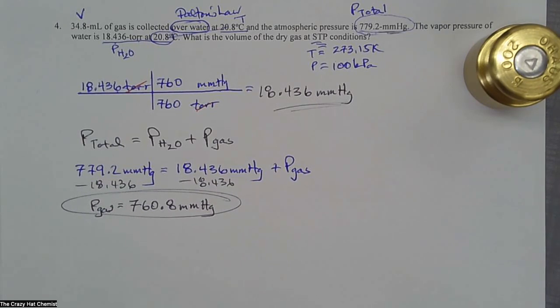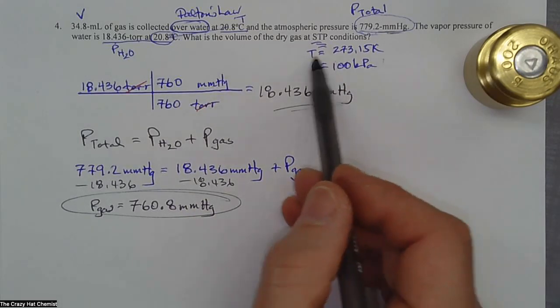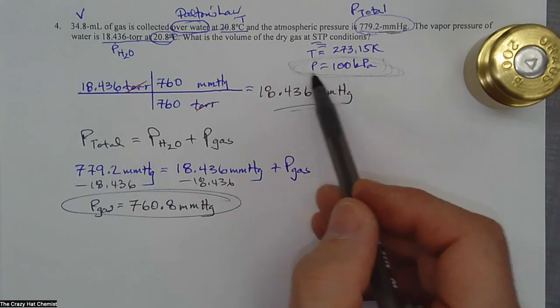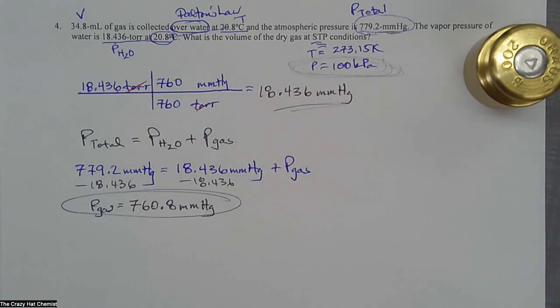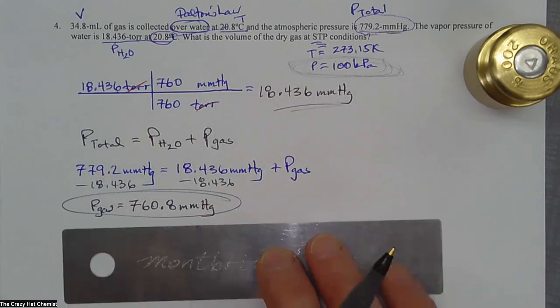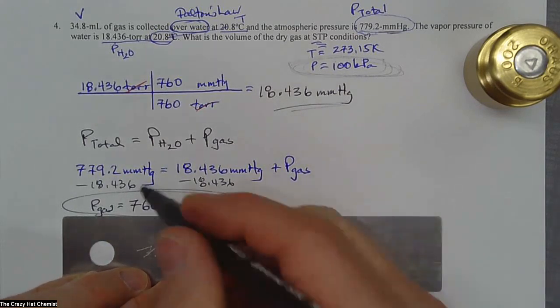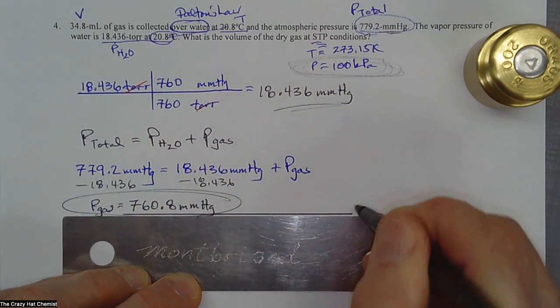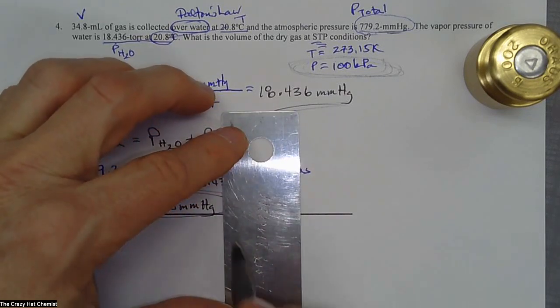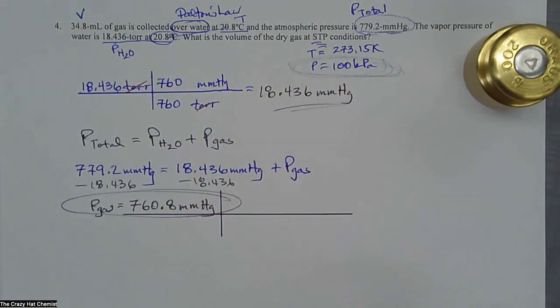Now the next thing we're going to do is convert this millimeters of mercury into kilopascals, because our standard pressure is in kilopascals. So we're going to do a unit conversion here. This is the correct number, it's just the incorrect set of units.